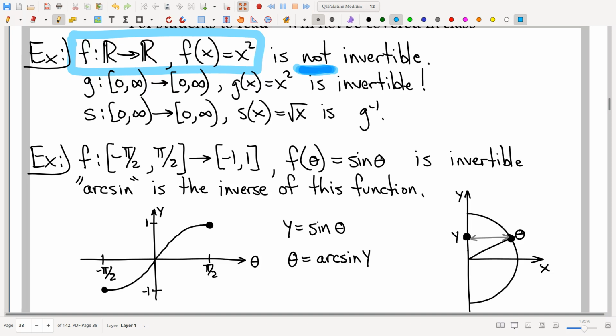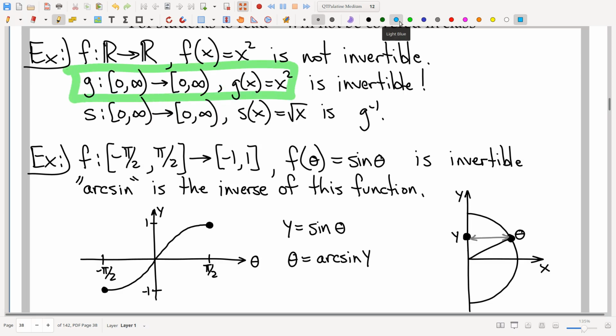So the way we resolve that matter is we just restrict the domain and the target appropriately. And notice here we're in business. Now we're in business because whatever non-negative real number you give me, there is exactly one non-negative square root.